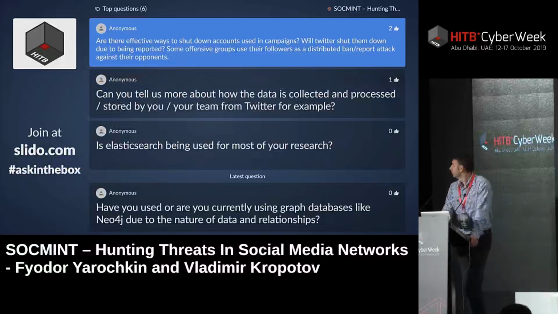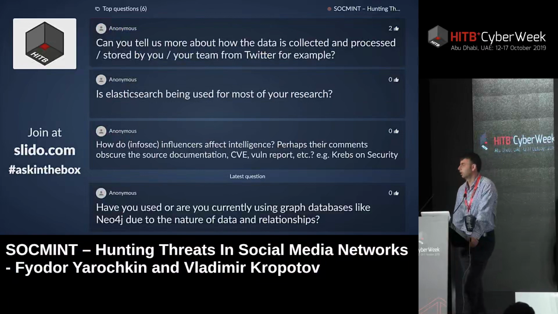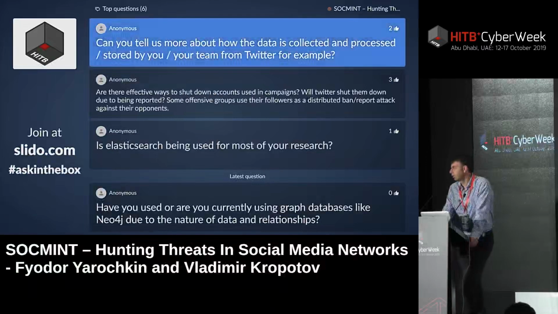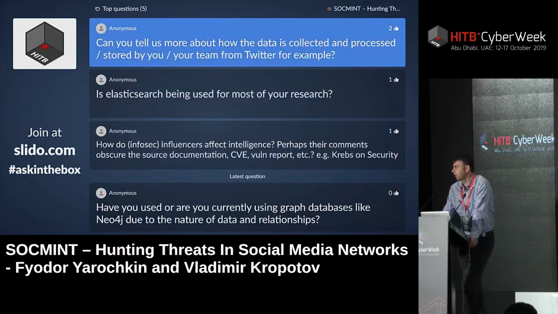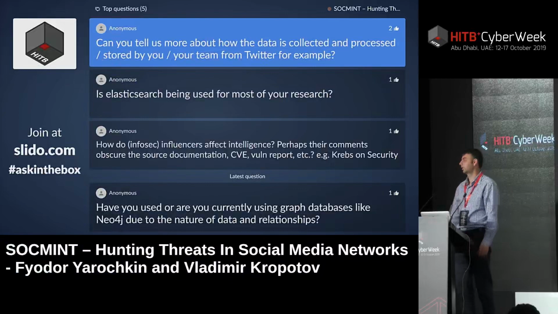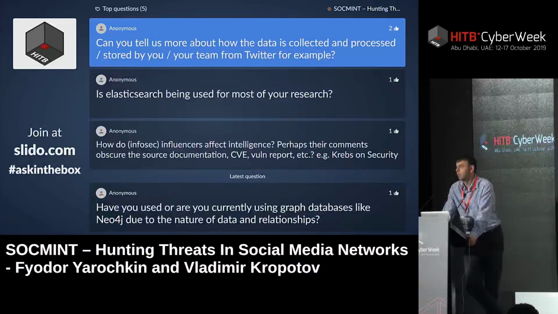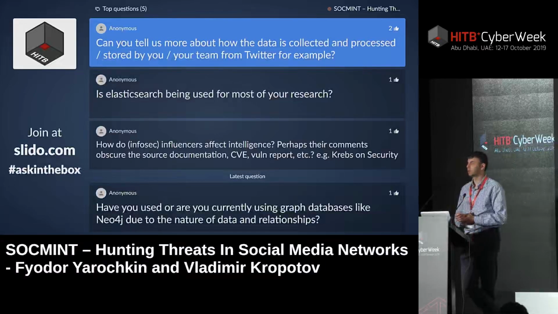Okay, and one last question. Could you tell us more about how the data is collected, processed, and stored by you or your team from Twitter, for example? Initially it's slices in CSV, and we import particular slices into Elasticsearch, trying to enrich the data with different libraries, which is customized code. Maybe we'll share some code later. When we were playing with visualization, the most time we spent on this project was finding good visualizations, and I think we have some success.